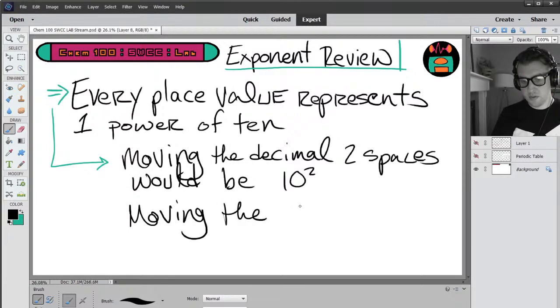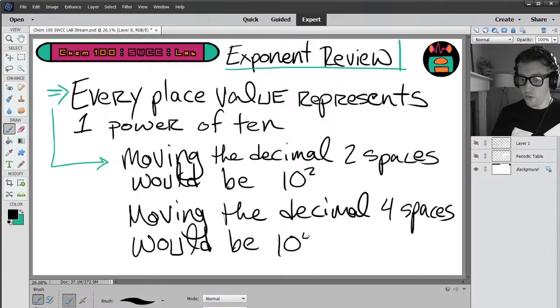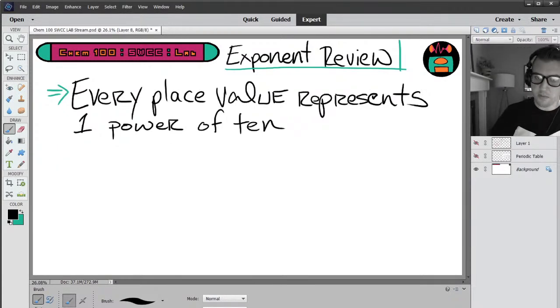Moving the decimal four spaces would be 10 to the fourth, right? So however many spaces you move the decimal, that's how many powers of 10. Every one space is one power of 10. All right, so that's the first thing. Every place value represents one power of 10.